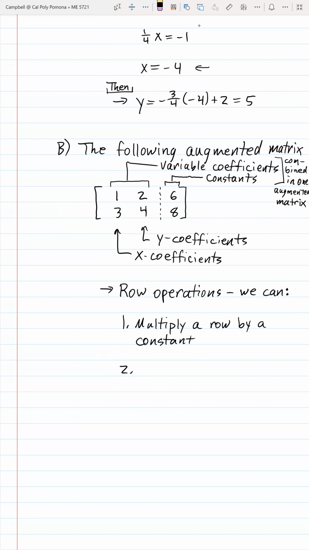We can add or subtract a multiple of one row to or from another row.